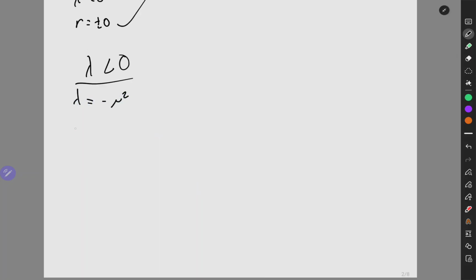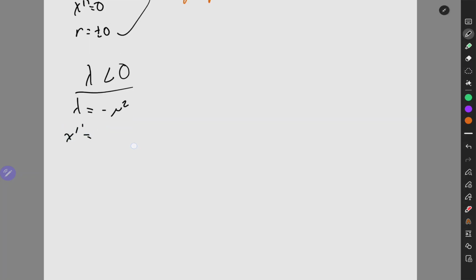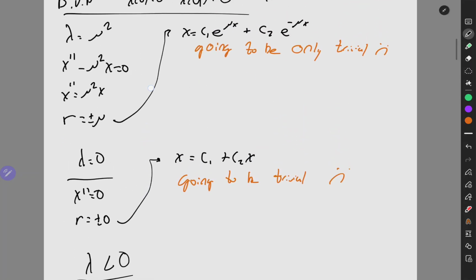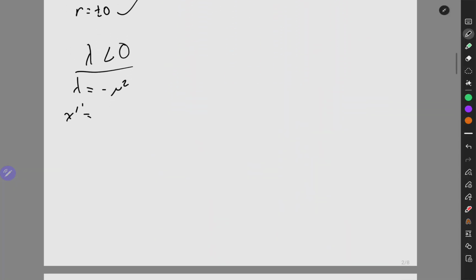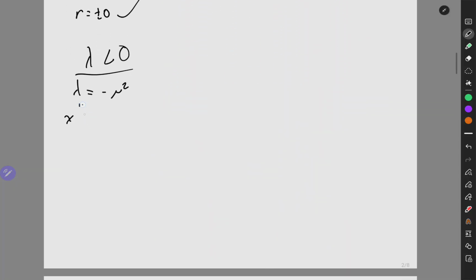I'm actually going to do this one out because I know this is going to lead us to a solution. Let me write it out. X double prime is equal to negative... Yeah, this will be complex. Has to be. Solve the characteristic equation. Square root.